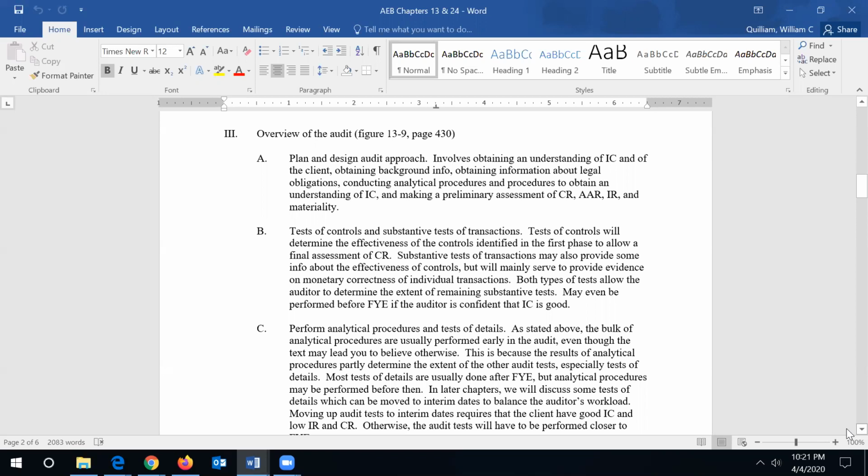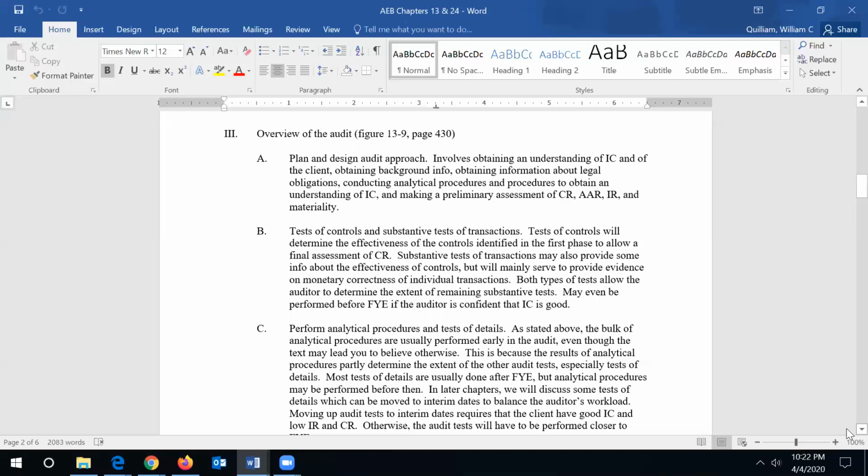So it involves familiar things, obtaining an understanding of internal control and of the client, conducting background information, obtaining information about legal obligations, conducting analytical procedures and procedures to obtain an understanding of internal control, and making a preliminary assessment of control risk, acceptable audit risk, inherent risk, and materiality. We've seen all those things. In fact, everything in this section we've seen before. As I said, chapter 13 is largely a review chapter.